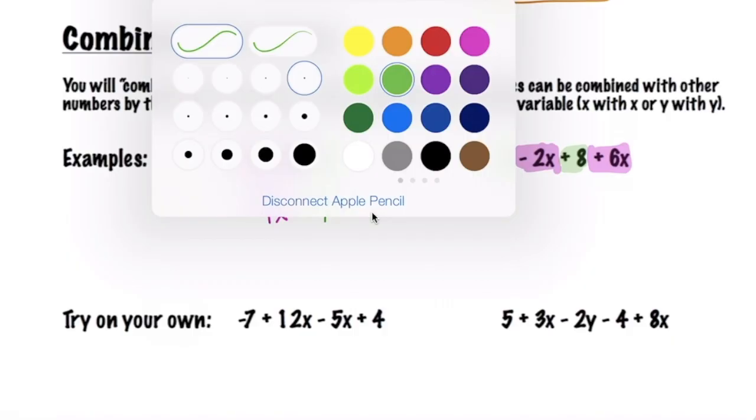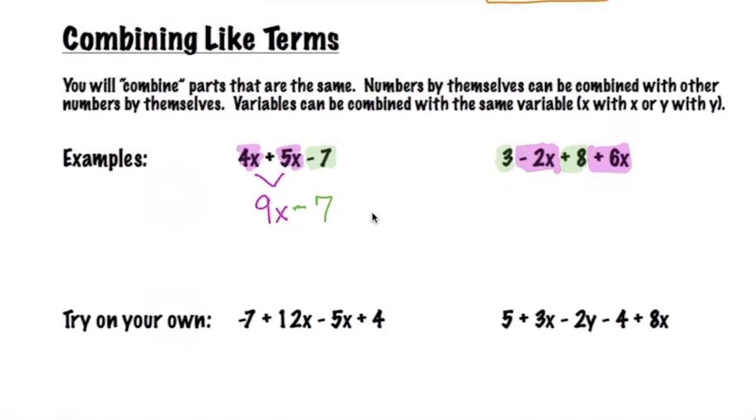So now I'm going to think about how I combine those parts that I've color coded. So looking at our parts with our variable first, I'm going to think in terms of taking the minus 2x and plus 6x. And when I combine those, a negative 2 plus 6 is going to become a positive 4x.